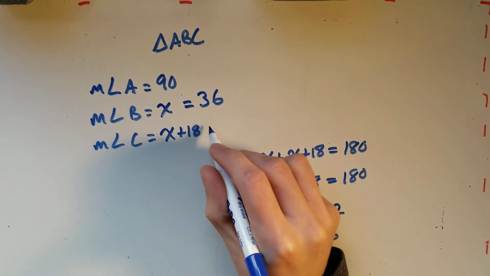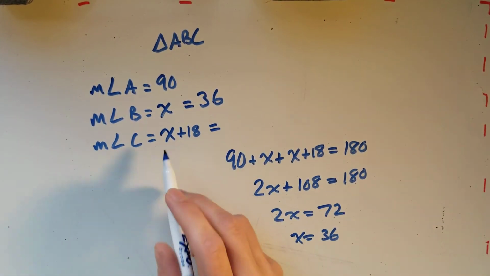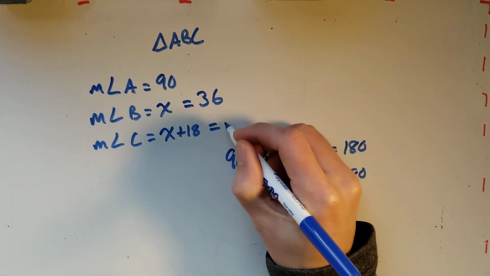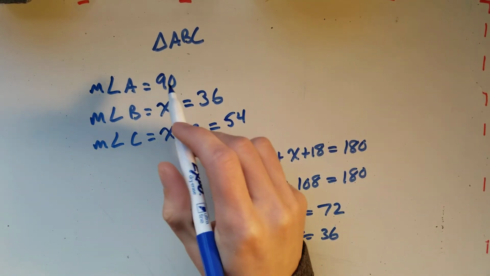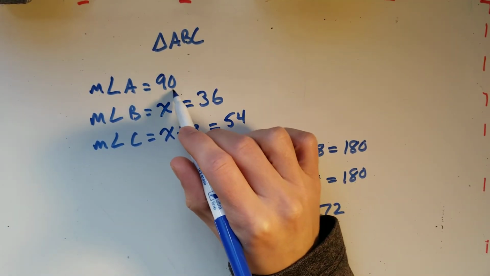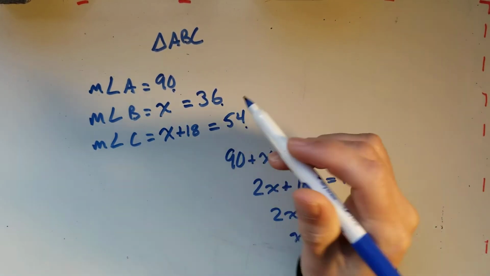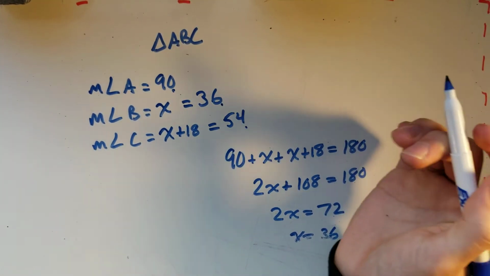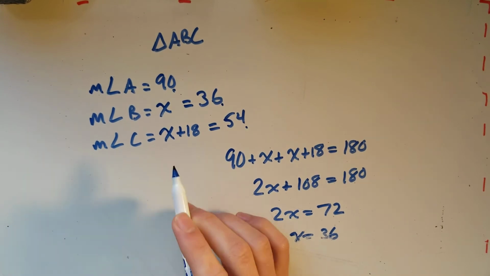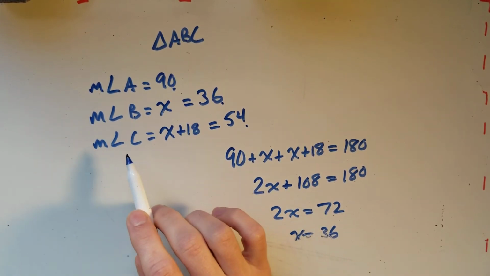The measure of angle C would be 36 plus 18, which is 54. So your three angle measurements are 90, 36, and 54. All those, if you add them up, they equal 180 degrees. A little trickier. You have to figure out those expressions there.